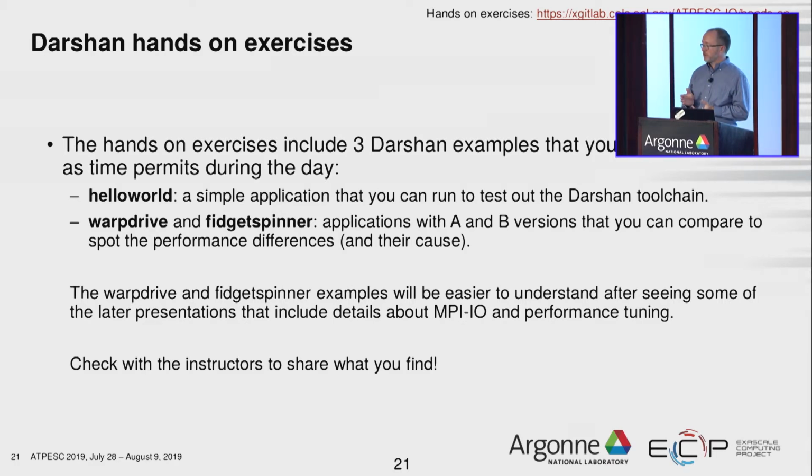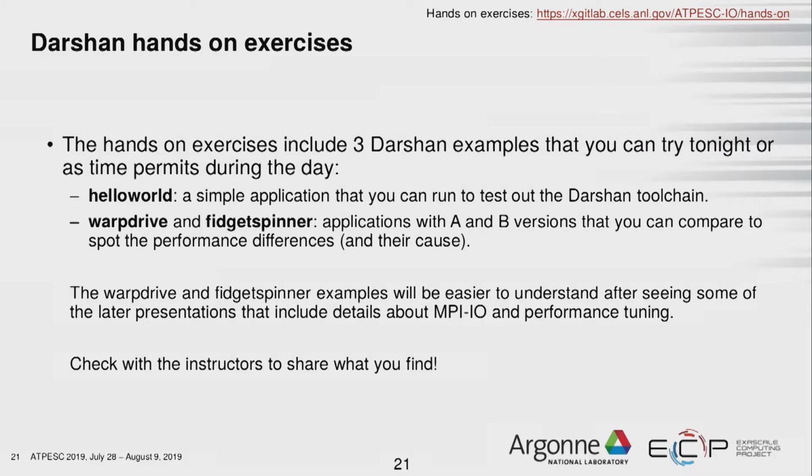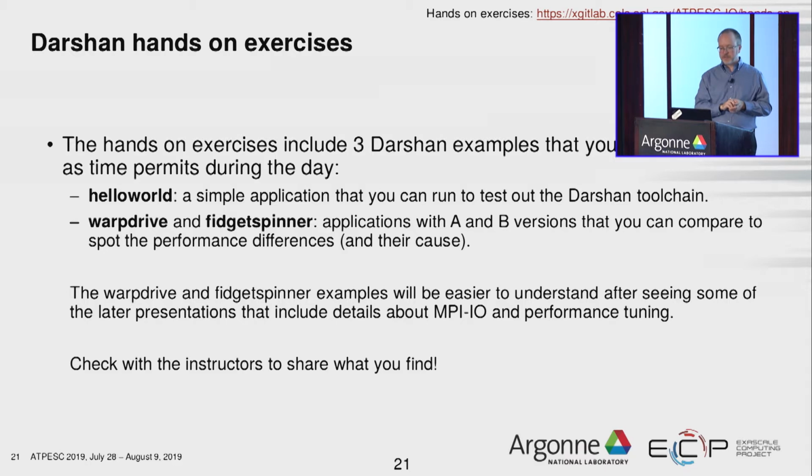There's two other ones after that called warp drive and fidget spinner. And both of these are kind of imaginary applications. There's an A and a B version of each. And the idea is that you run both versions, so warp drive A and warp drive B, and look at the logs. I can guarantee you, even with one run, I know I was talking about variance earlier, but these are different enough that one will be much faster than the other.